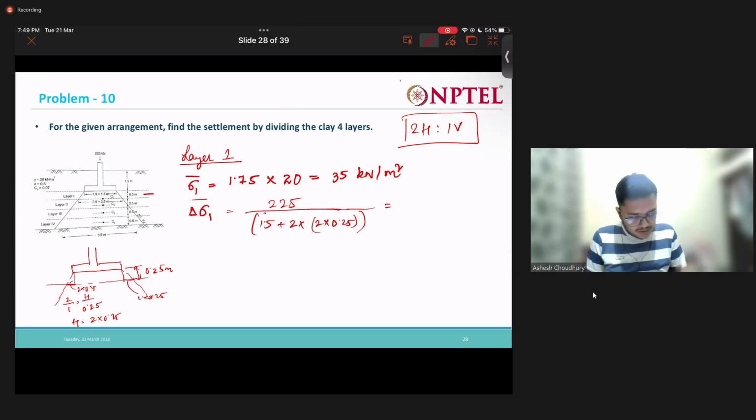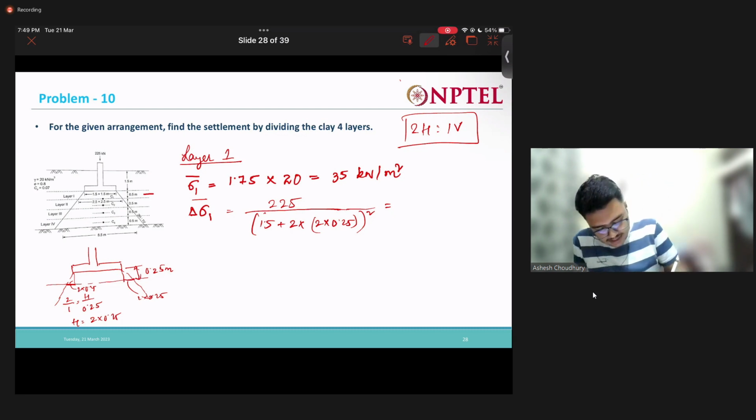Okay, so it will be 225 divided by 1.5 plus 2 into 0.5 squared, which is 36. So now you know how to find out the settlement.